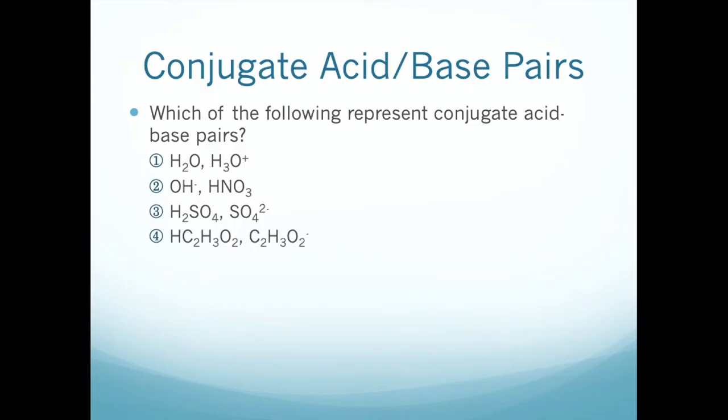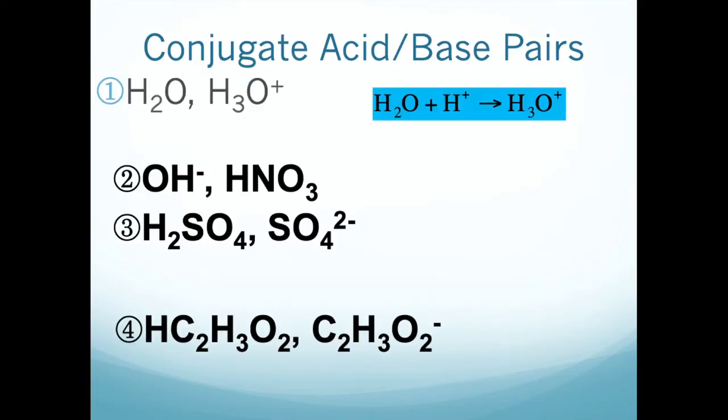Water and hydronium are a conjugate acid-base pair, and you can tell that because they're different only by one H plus ion. If you add a hydrogen ion to water, it forms hydronium. So that's the difference: this has an extra H plus. Go ahead and look through all these others and see if they're also conjugate acid-base pairs.